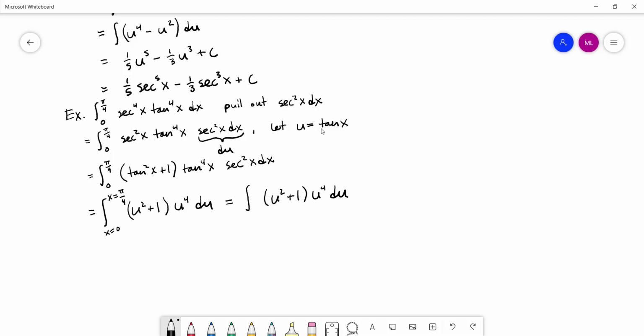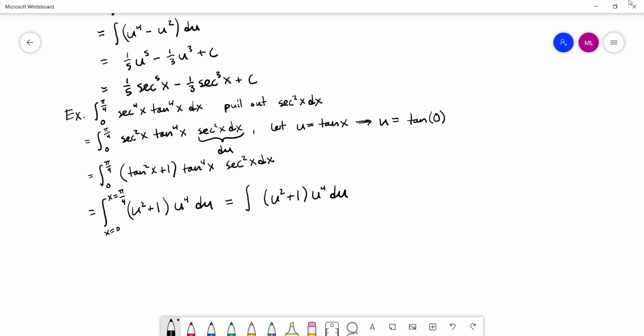If I go back up to my substitution, which we've got written right here, what do I get for u when we plug in our lower bound of 0 for x? So the tangent of 0. If you don't remember what the tangent function looks like, that's fine.